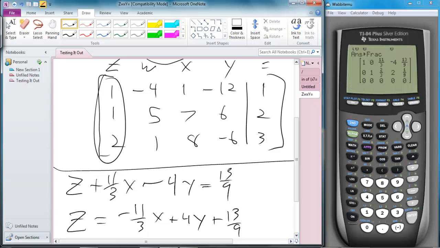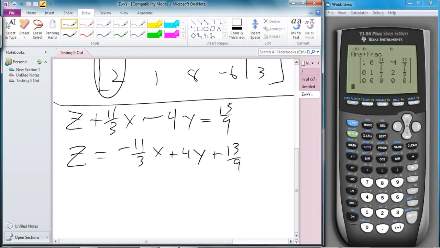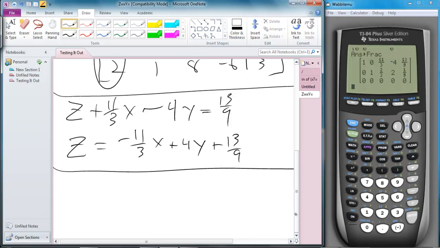Now we have to do the second equation. So my second equation here would be, I have to look back. My variables were w. There we go. All right, so w plus 2 thirds x plus 2y equals 1/9.